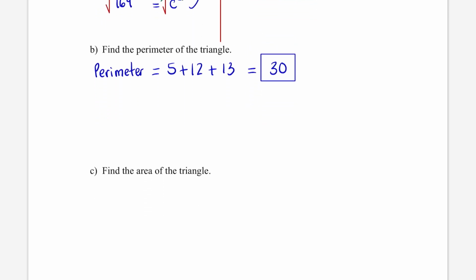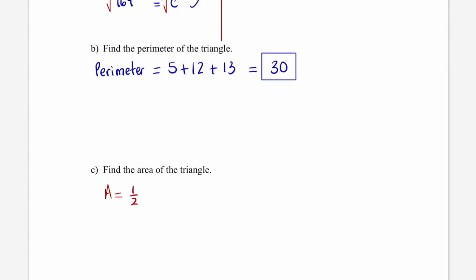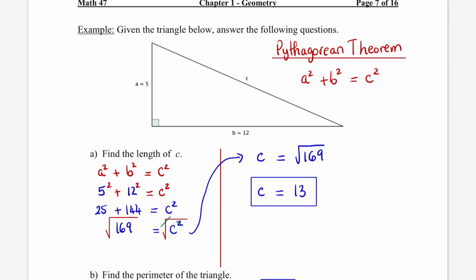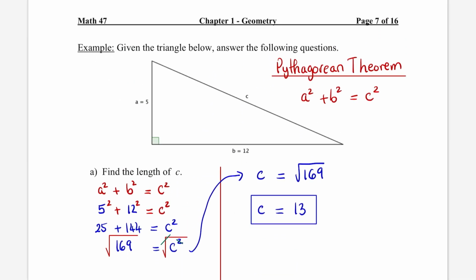C, find the area of the triangle. The formula for the area of a triangle is 1/2 times base times height. So go up here. The base and the height make a 90-degree angle. So this is my height and this is my base. My base is 12 and my height is 5.